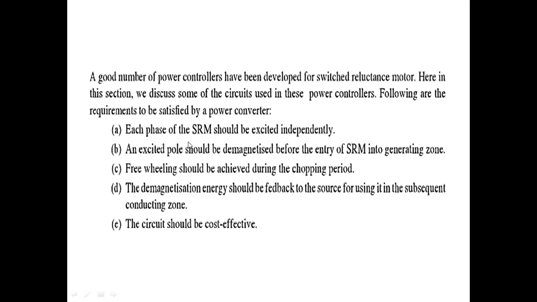Once phase A is turned on by using a power converter or a power control circuit, phase A is conducting and getting magnetized, and the rotor pole is aligned in the same path of phase A by force of attraction.